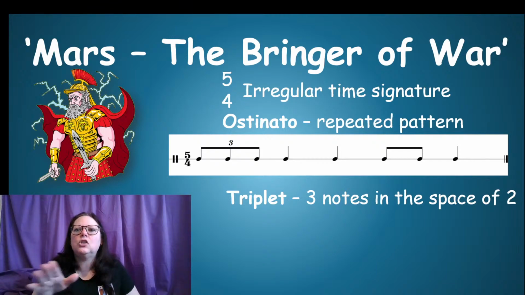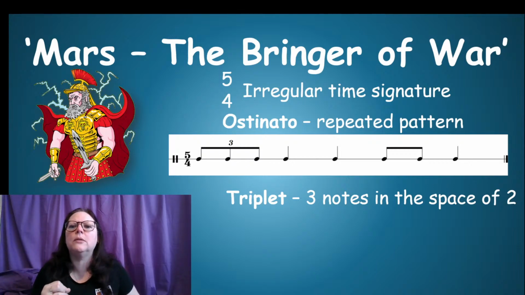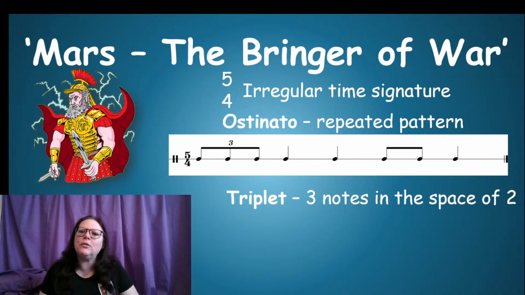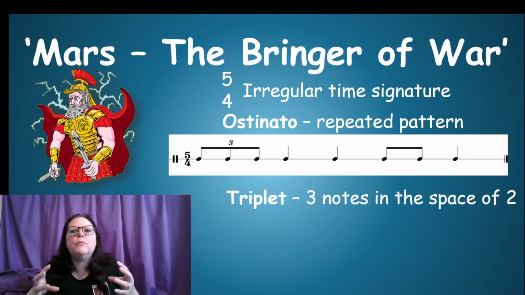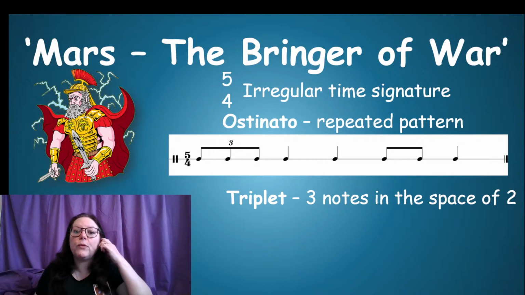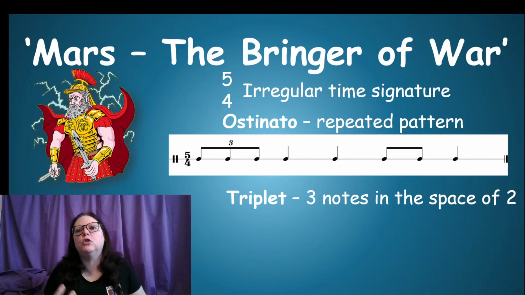Underneath the time signature there, you can see that I have written out the rhythmic ostinato, and it's got something that maybe looks a little bit weird at the start. It's something called a triplet. Triplets are in groups of 3. You have 3 notes in the space of 2.